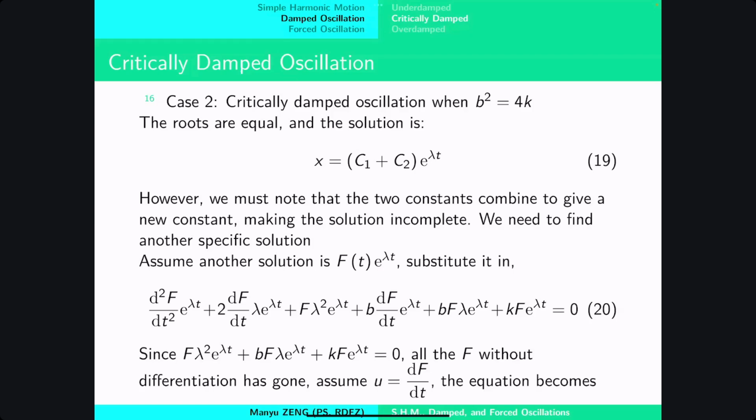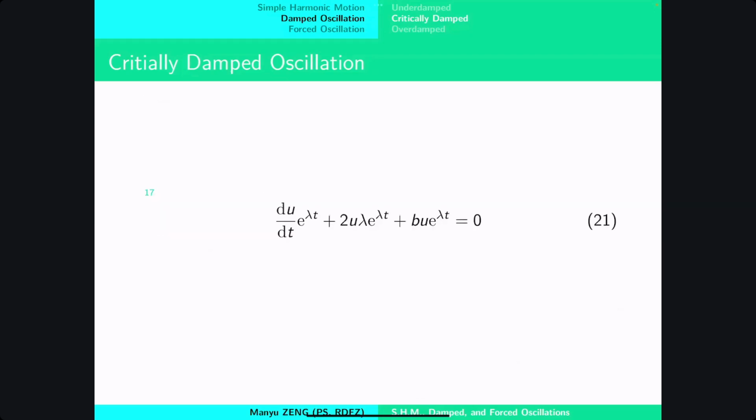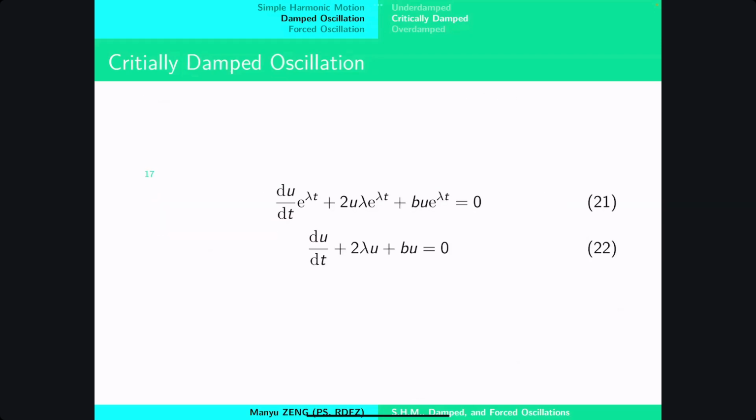Okay, got it. So we assume this and cancel e to the power of lambda t, and we get these three terms. We want the number of terms to be as small as possible. So we observe that there's a lambda here. What is lambda actually?